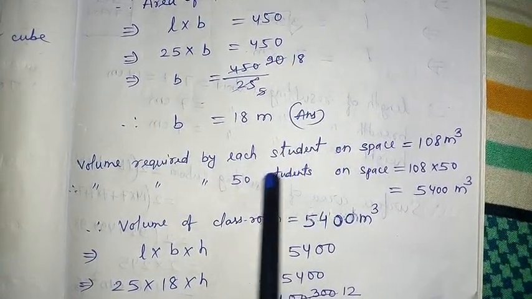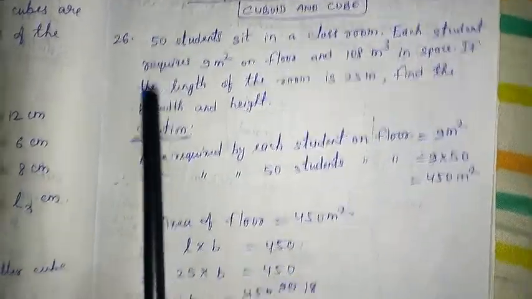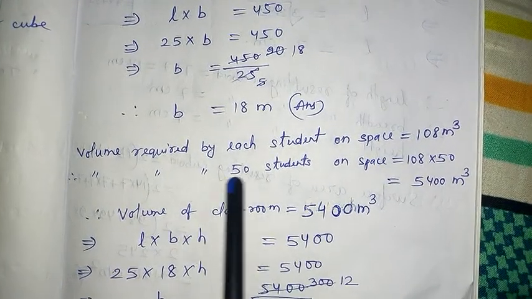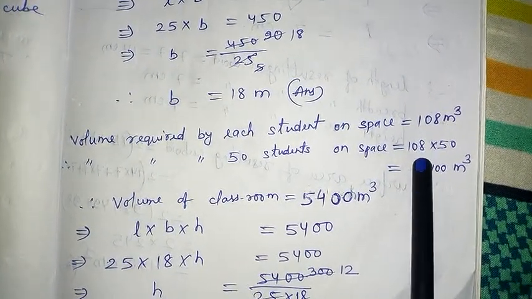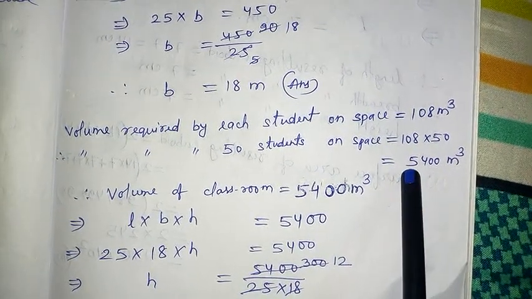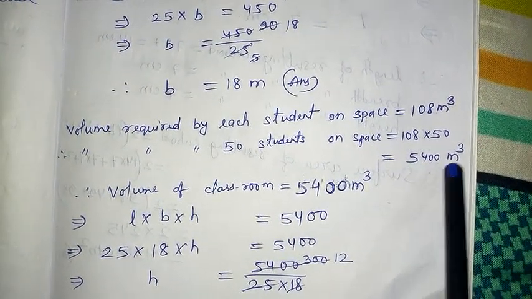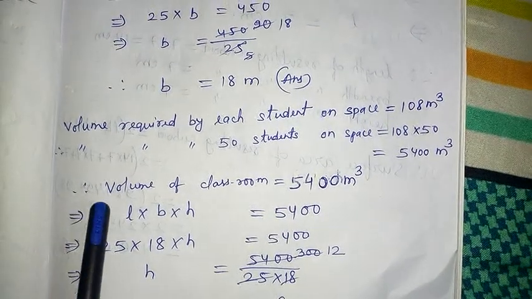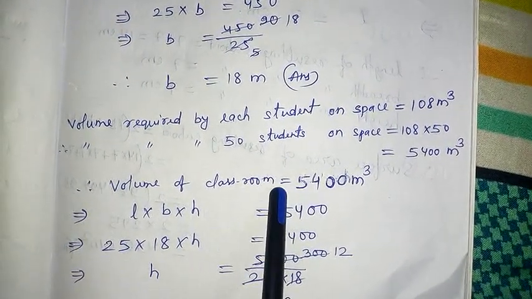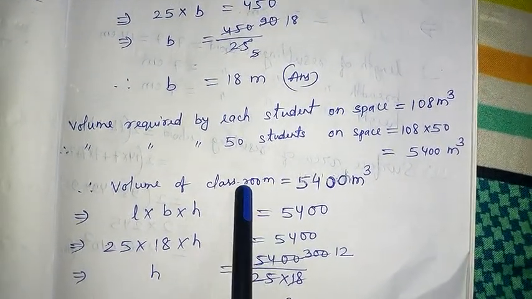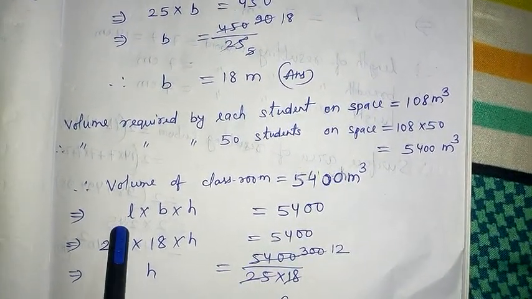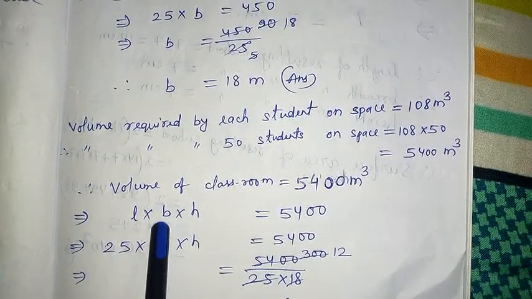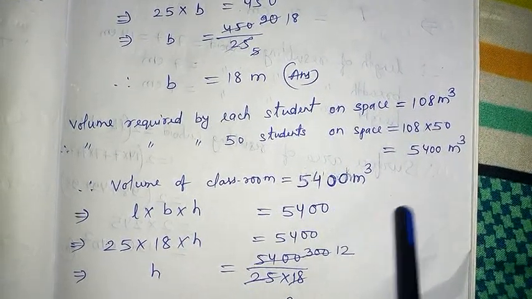Volume required by 50 students, because there are 50 students in the question, equals 108 into 50. It will be 5400 meter cube. So I can say the volume of the classroom, that is the volume of the cuboid, is the same 5400 meter cube. And volume is found with the help of L into B into H equals 5400.